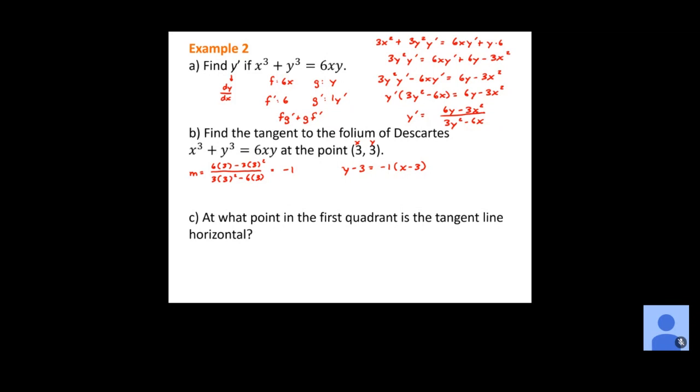Anytime you're finding a derivative, we're finding slopes of tangent lines. So in this case, if we want that tangent line to be horizontal, what should its slope be? 0. So if the derivative represents the slopes of our tangent lines, and we need the slope to be 0 because it's horizontal, what could we do?